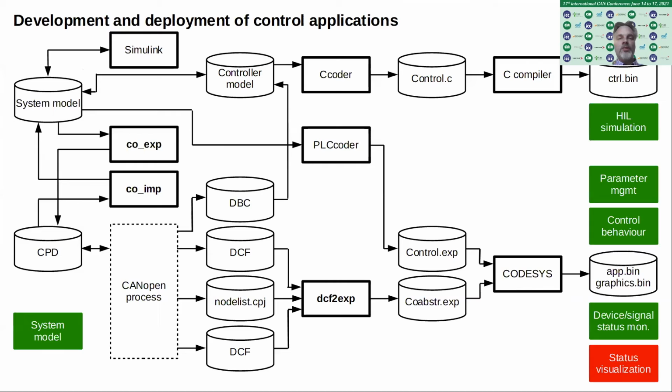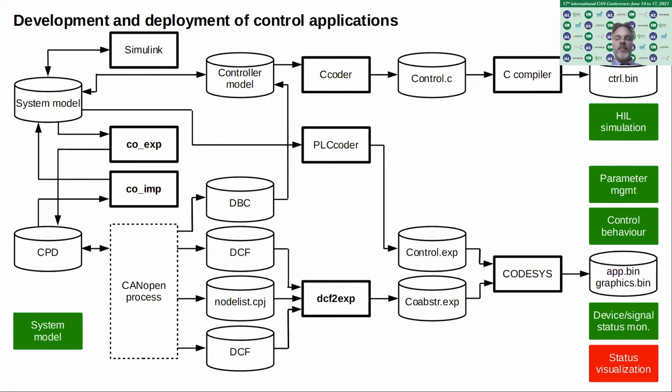Using this kind of design process with model-based connectivity enables us to concentrate the core IPR on the system model and supplemental hardware-in-the-loop simulation, quite comprehensive parameter management, development of control behavior in a productive way, and also comprehensive device monitoring, signal status monitoring.